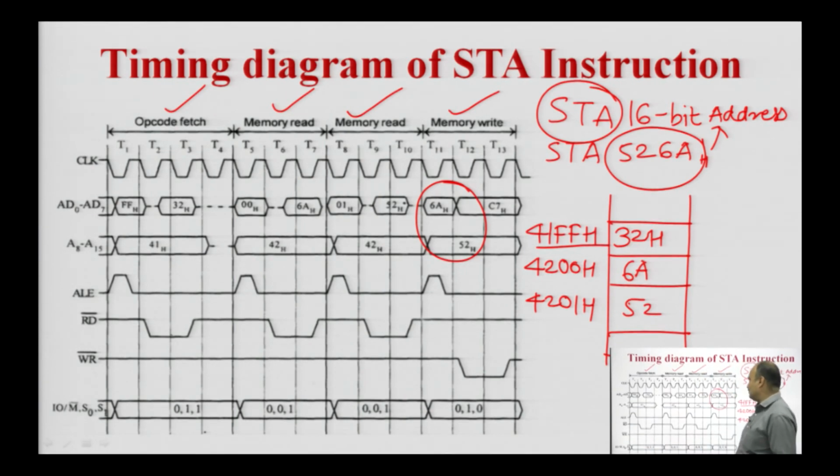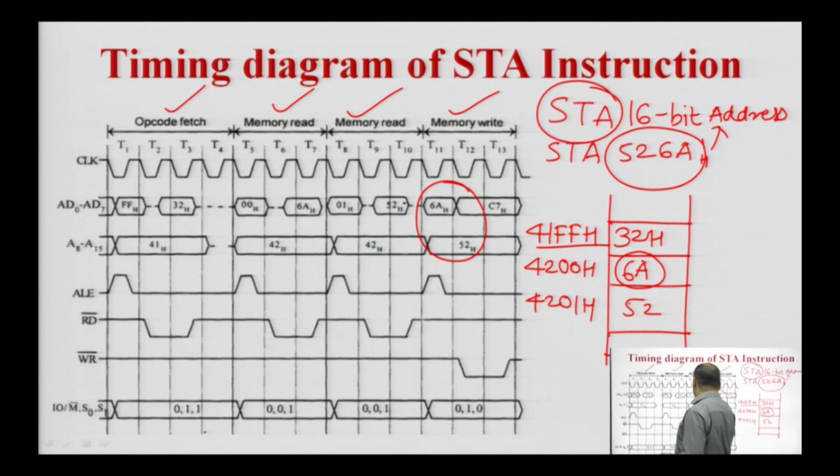The second machine cycle is the memory read machine cycle. It will pick the low order address of the specified address, and the status on the status signals is 001. The third machine cycle is again a memory read machine cycle, required by the microprocessor to read the higher address of the specified address from memory location 4201H.